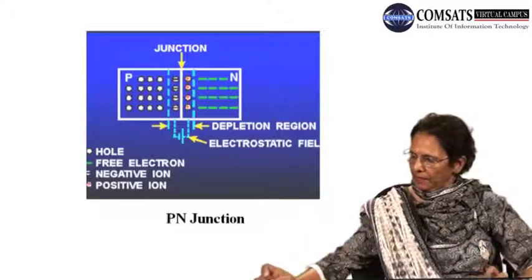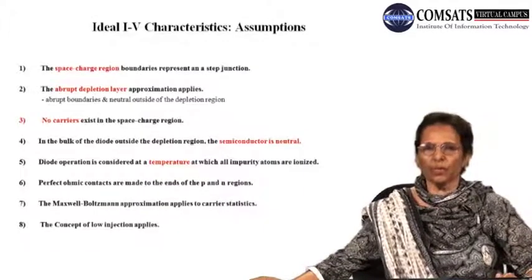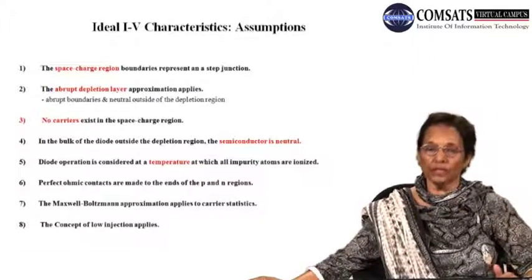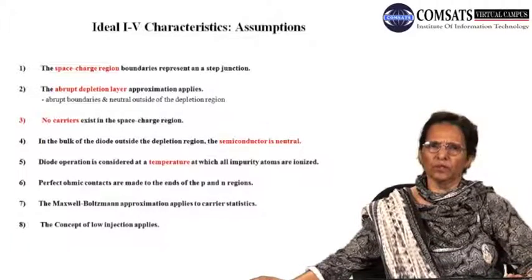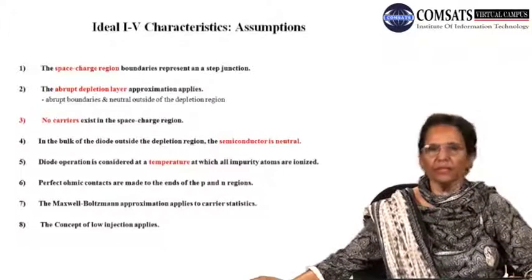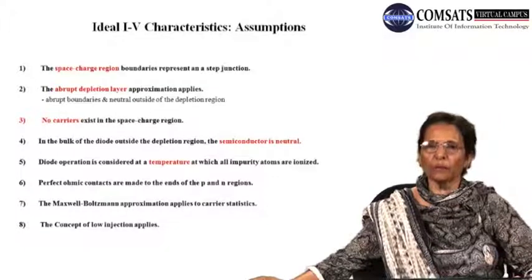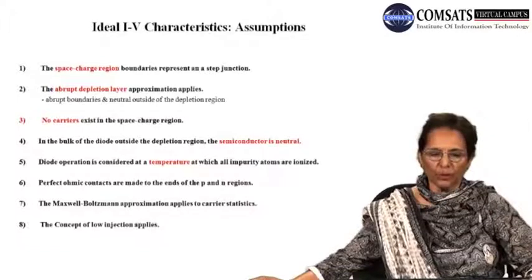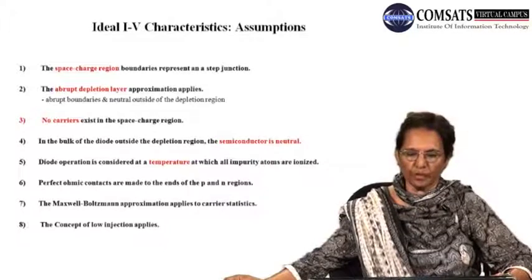And finally, we have made some assumptions for the calculation of the quantitative current flow. We have simplified certain values, and I have defined them as ideal PN junction or ideal diode characteristics by making the following assumptions. Number one, the space charge region between the two sides of the diode represents a step junction.